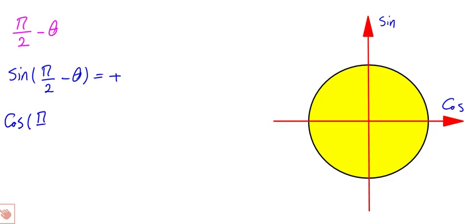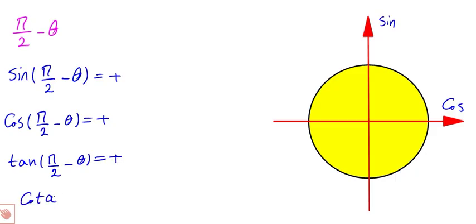Cosine of pi over 2 minus theta is positive. Also, tangent of pi over 2 minus theta is positive, and cotangent of pi over 2 minus theta is positive.